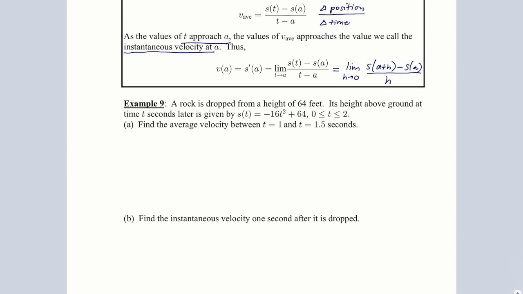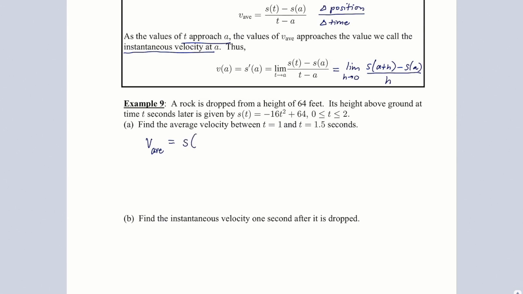Part A asks us to find the average velocity between t equals 1 and t equals 1.5 seconds. So for the average velocity, it's the same as the slope of the secant line. We take the change in y over the change in x, or the change in position over the change in time.